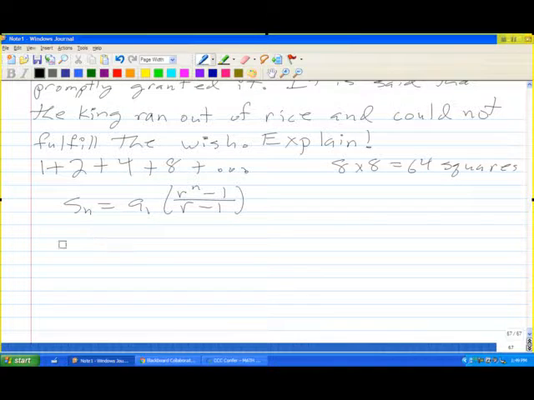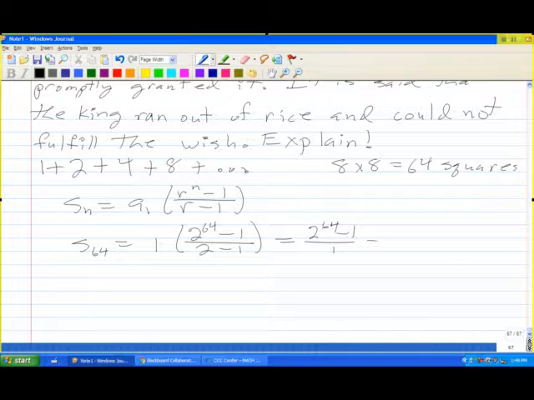And so we want to find the sum of the first 64 of these terms. The first term is 1. And notice I'm doubling each time, and so the common ratio is 2. 2 minus 1 is just 1. So this is 2 to the 64 minus 1.